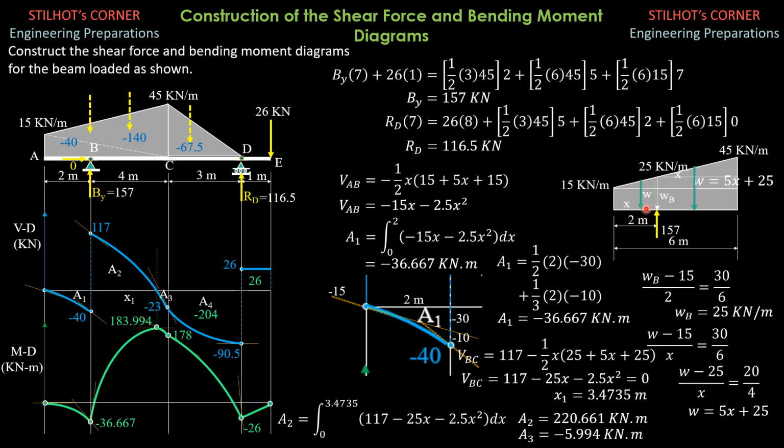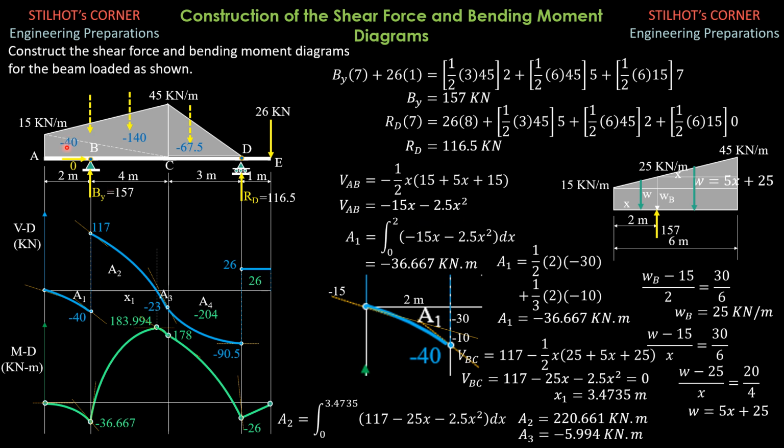So applicable only for this part. So the shear equation, therefore, is the area of this trapezoid, negative 1/2 of x times quantity 15 plus W, which is 5x plus 15, as from this equation here. So it is negative 15x minus 2.5x squared.